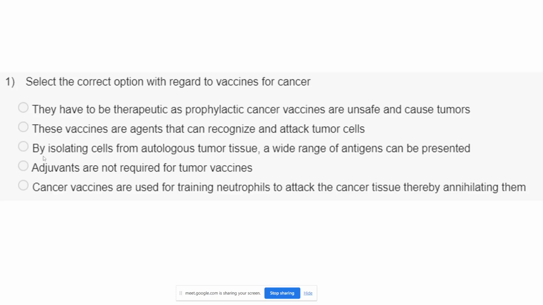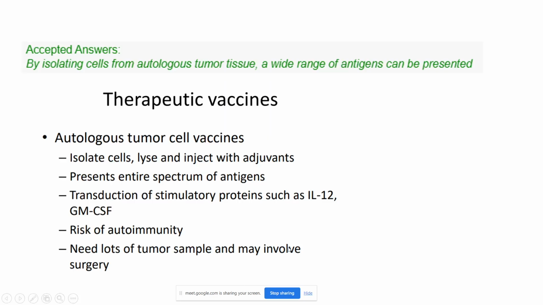Okay. So the correct answer is the third option. By isolating cells for an autologous tumor vaccine, a wide range of antigens can be presented. These are basically therapeutic vaccines where, in autologous tumor cell vaccines, they isolate cells, lyse them, and inject with adjuvants.